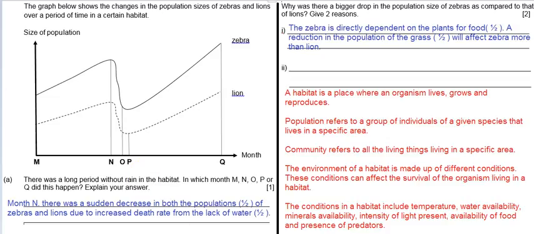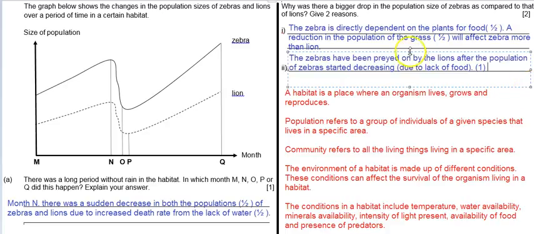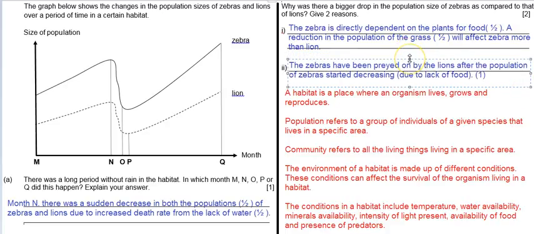Another reason that you can state is that the zebras can still be eaten by the lions after the population of zebras starts decreasing.